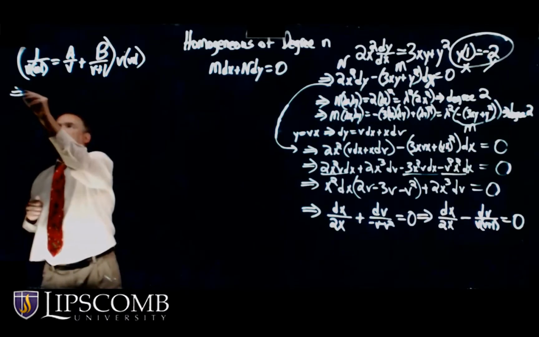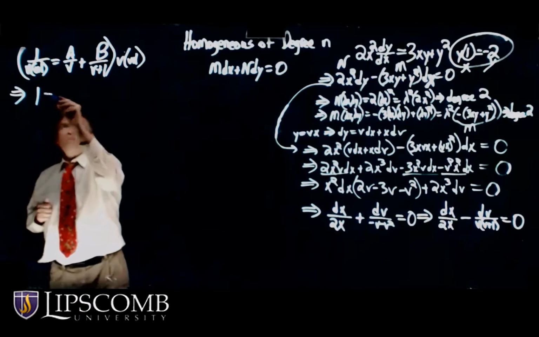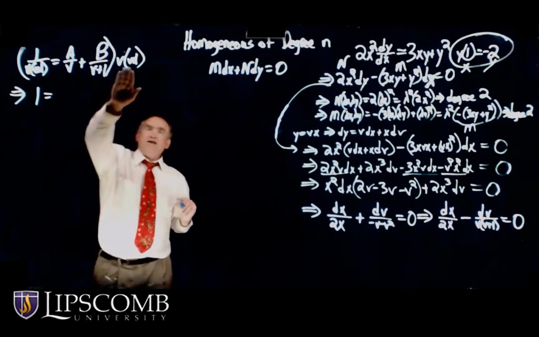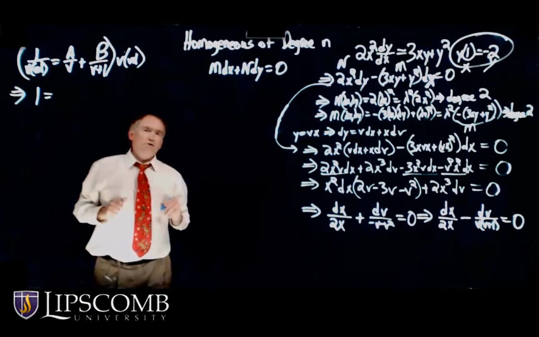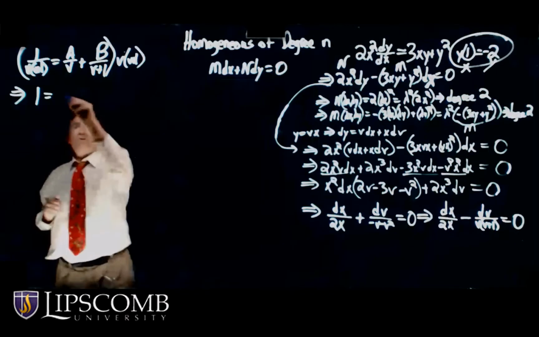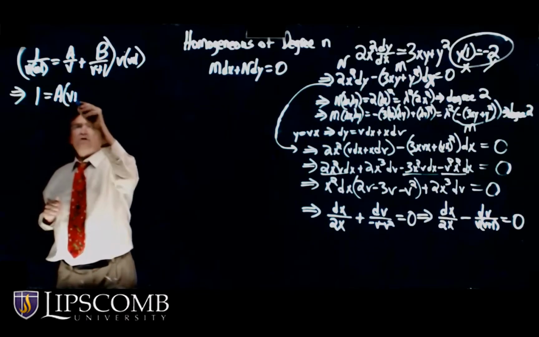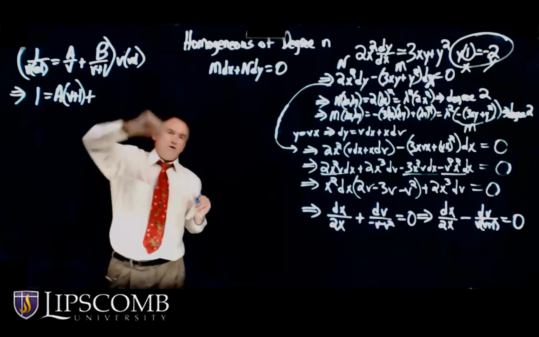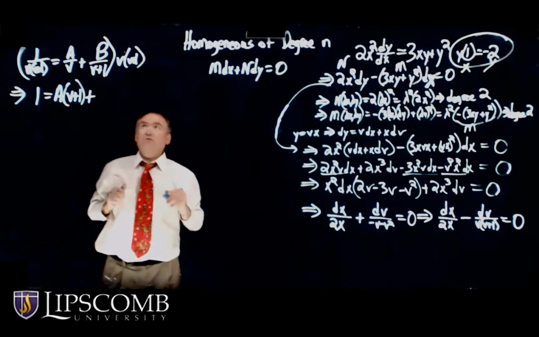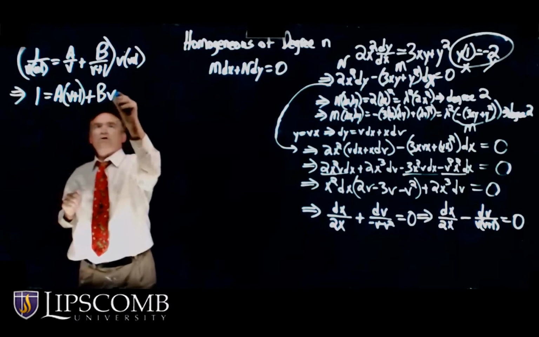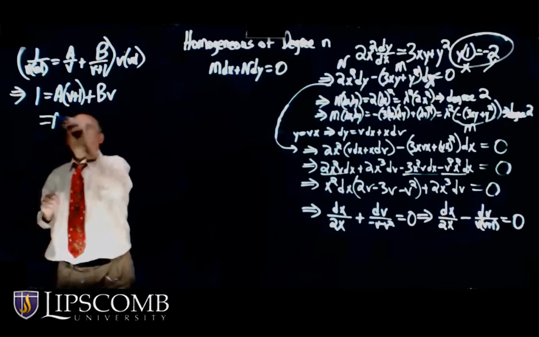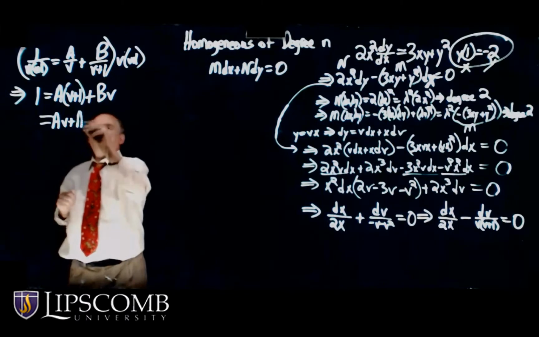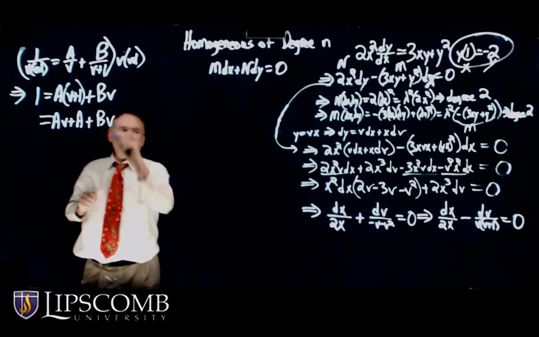So on the left, on this side, I get a 1. On the A over v term, the v's cancel, so I end up with A times (v plus 1). On the next term, the v plus 1 and the v plus 1 cancel, so I end up with plus Bv. So I end up with Av plus A plus Bv.